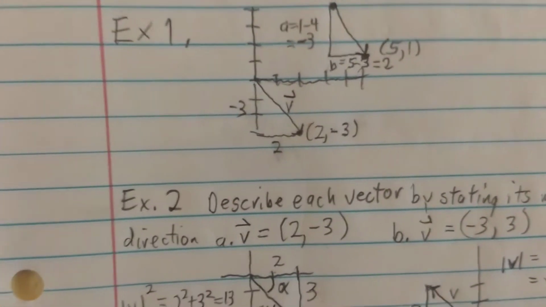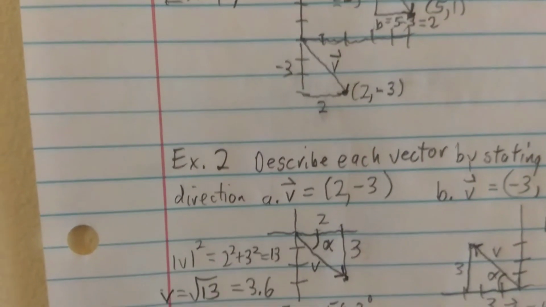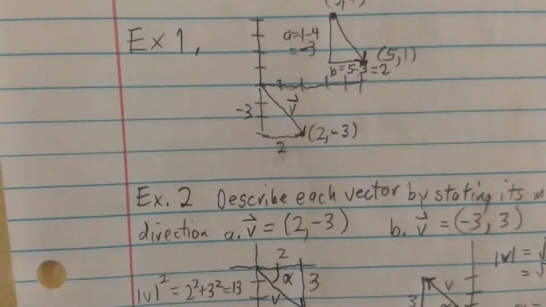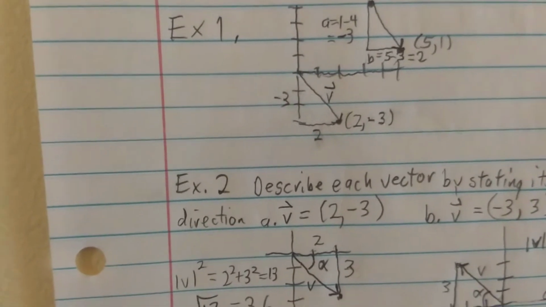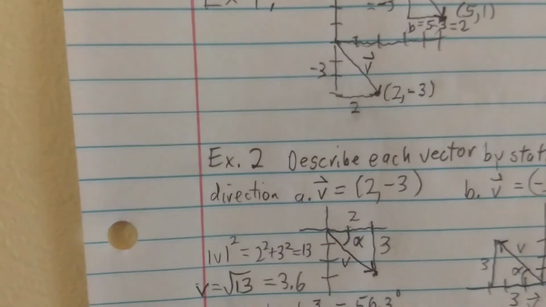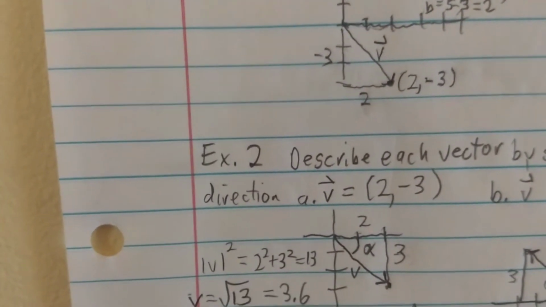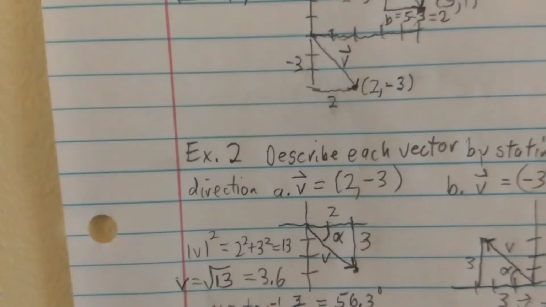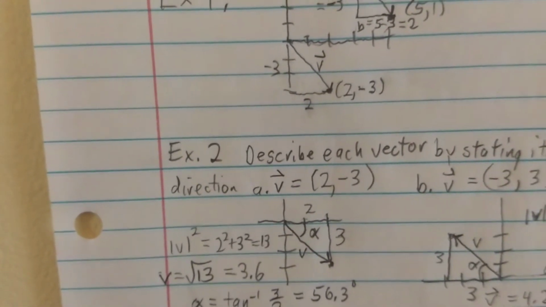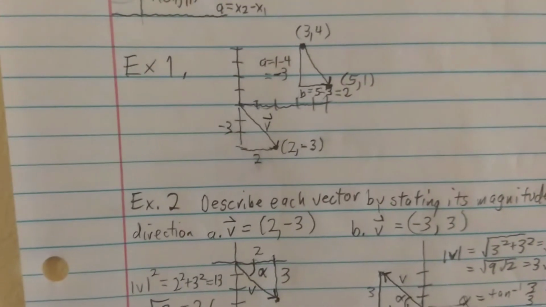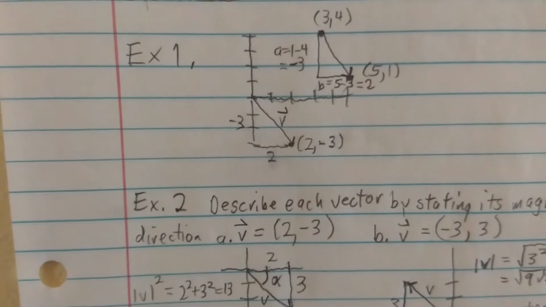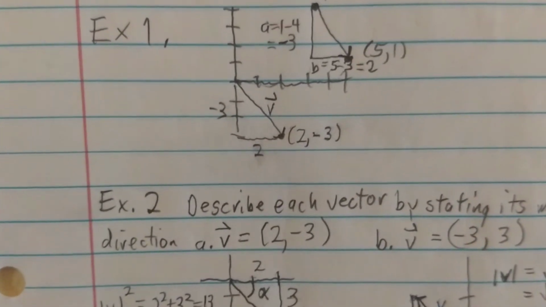So to take that vector and slide it to the origin, which you can always do with a vector, we slide it so that it keeps the same orientation. We would be going from the origin down 3 and right 2, so the vector would have coordinates of 2, negative 3. So you see, we still treat it just like a right triangle, except the hypotenuse is the directed vector.